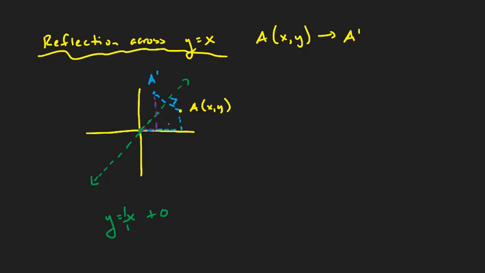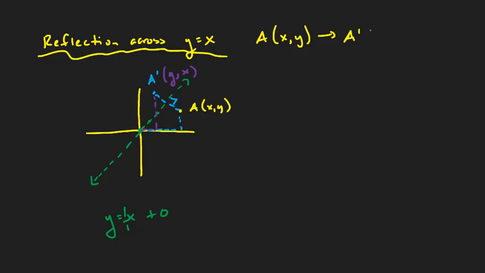So to me, what it looks like is the values of x and y switched. And that is exactly what happens when you reflect across the line y = x. If to get to A, you had to go x to the right and y up, now to get to A prime, you go y to the right and x up. And the coordinates switch positions. And this is how you get that reflection.